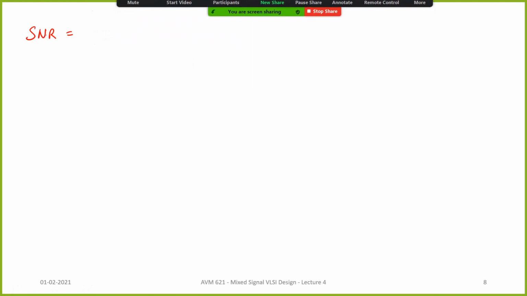All right. So now let us put both noise and nonlinearity together. Let's talk about SNR, signal to noise ratio. If you assume V in is given by A cos omega t, what is the signal power?